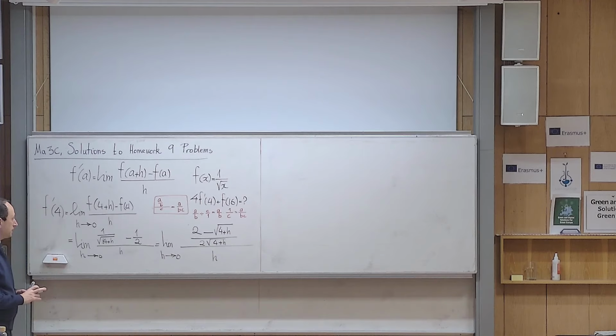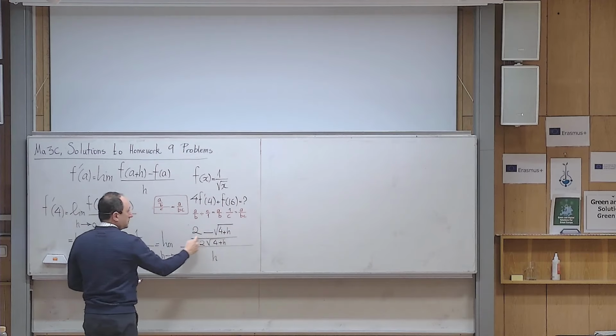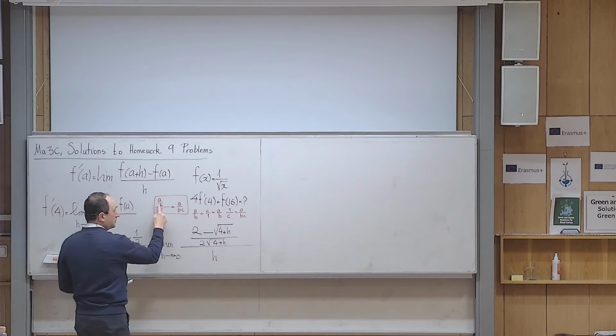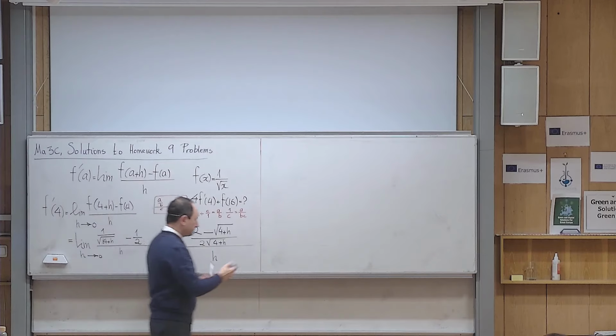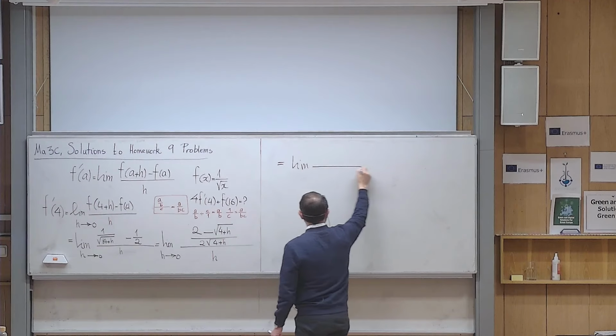So I expect you to be able to do it very quickly. If I want to use this, this expression is playing the role of A, this expression is playing the role of B, and H is playing the role of C. So what can I do? I can write the limit. What should I write?